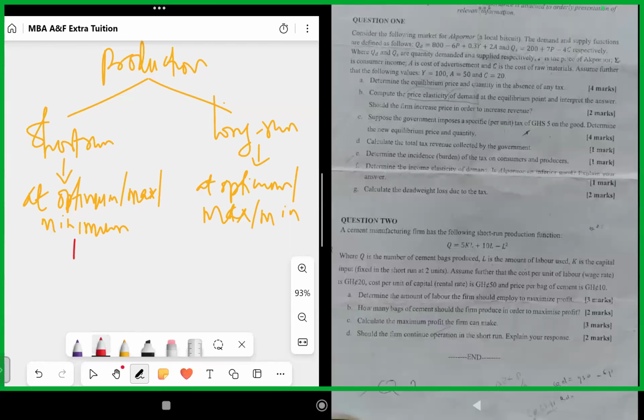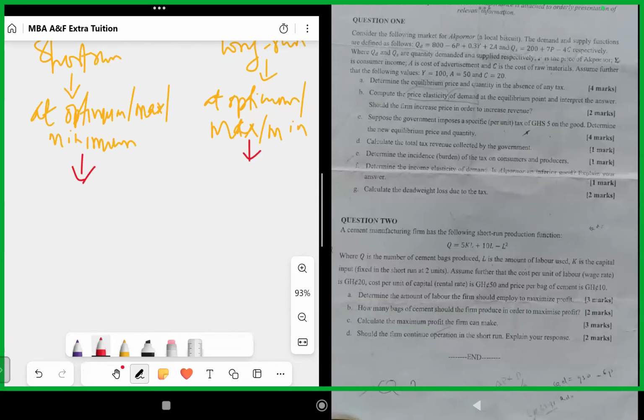Or if it's in the short run, we go with the equation wage equals VMPL, or wage equals PMPL. Are you good? Yeah.